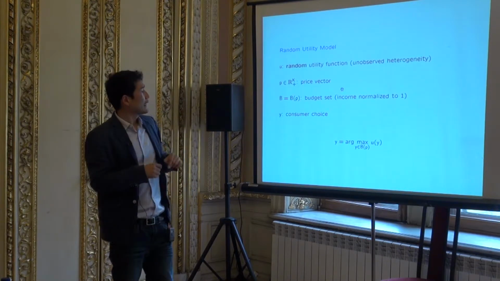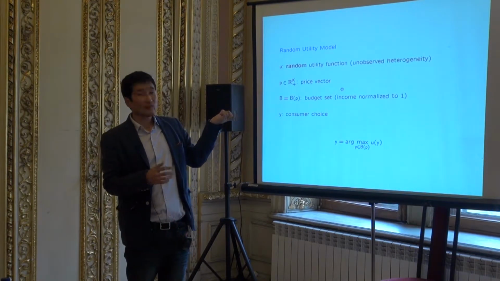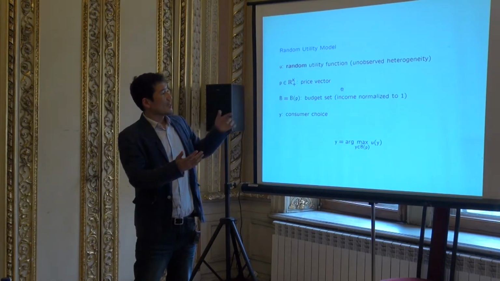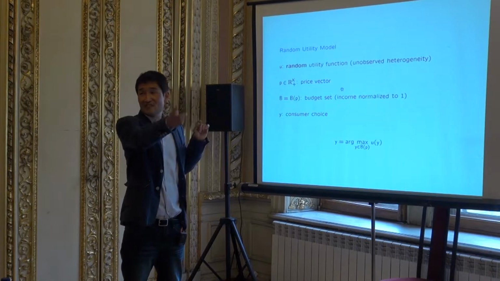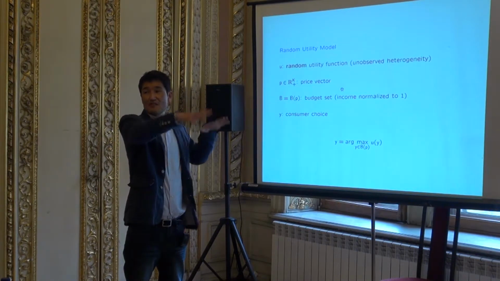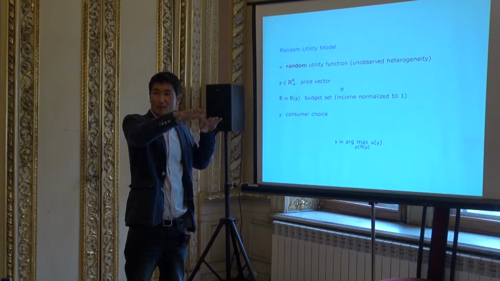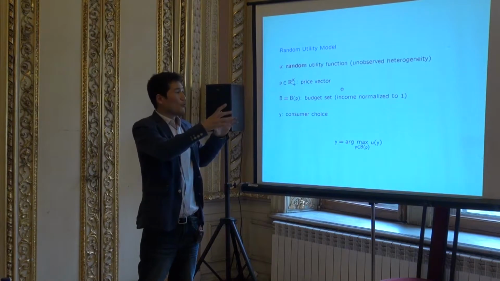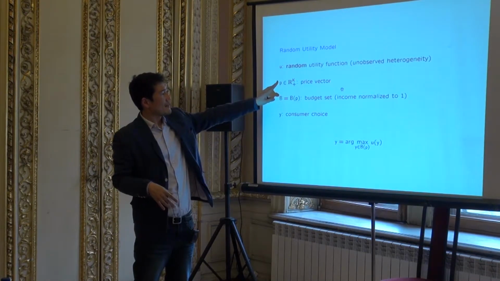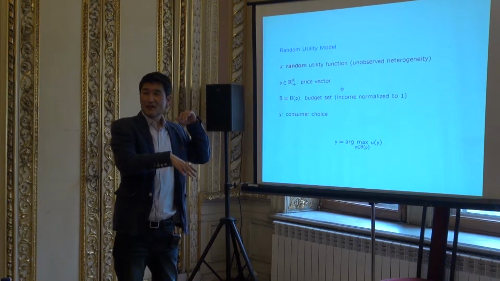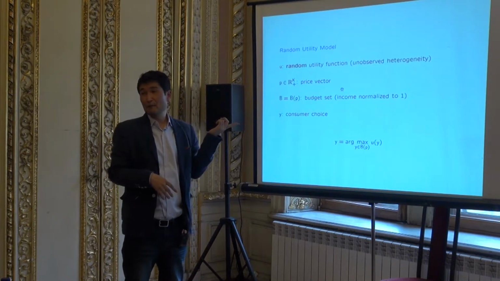Again, this is standard micro: P times consumption has to be smaller or equal to income, and then I'm just dividing both sides of the inequality by the income level to make the right-hand side 1. So it's the price that gets divided by the income level, and that's what I'm calling P now.